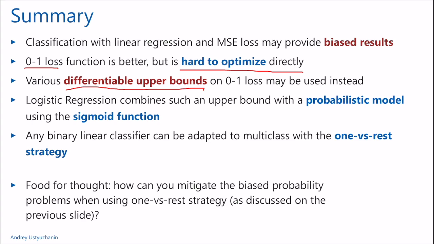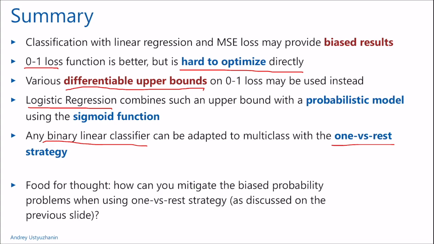Logistic regression is a combination of those approaches: gradient descent of the loss function of the upper bound optimization using a linear model of the input features. And a binary linear classifier can be adapted to a multi-class problem using the one versus the rest strategy.